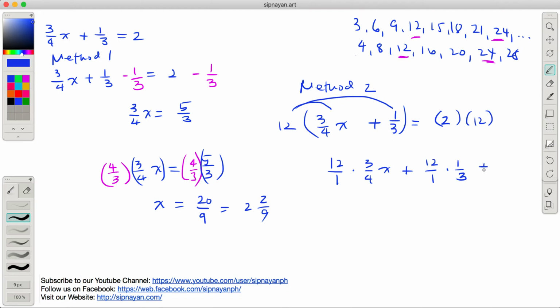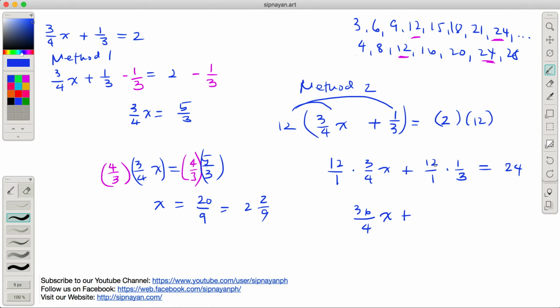Yung 12 multiply sa 1/3. Equal na siya. What is 2 times 12? That's 24, di ba? And then we can multiply the numerators and the denominators. 12 times 3 is 36 over 4. Multiplication of fraction niya.